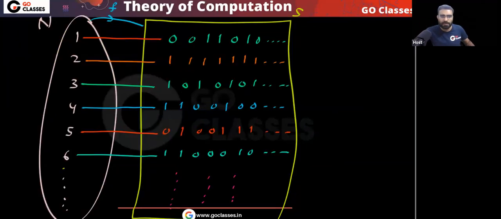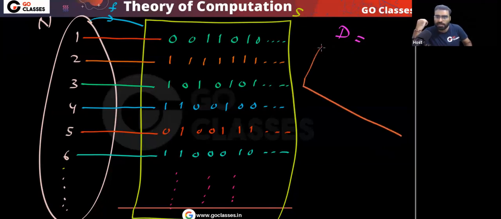How will I find it? Very simple. I am finding an element d which belongs to S and which is not covered here.